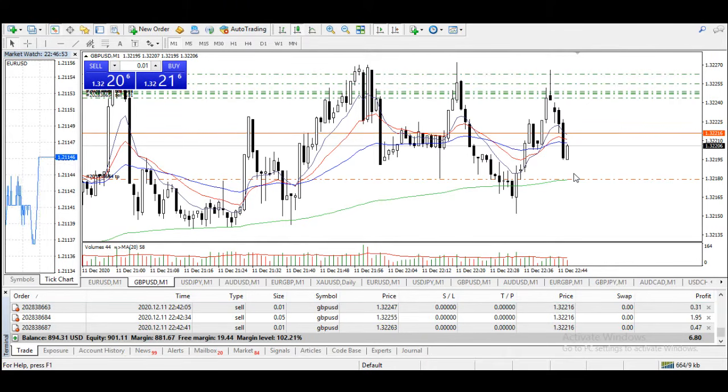Price was up a little bit, and I'm waiting for EMA 200 in order to close my orders and take profits.